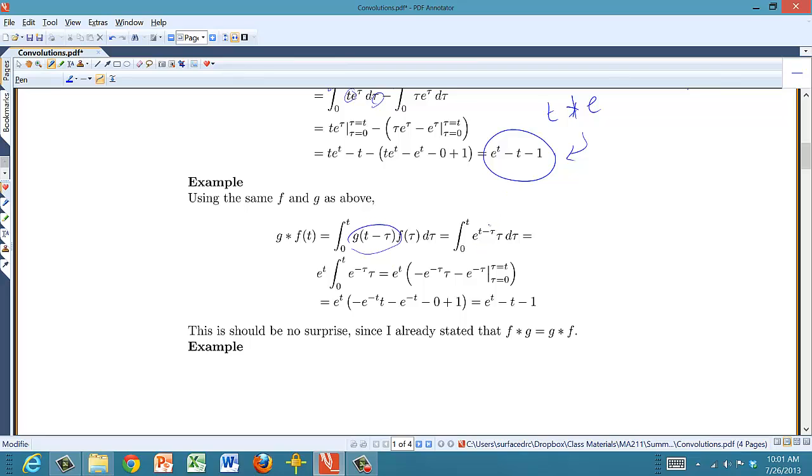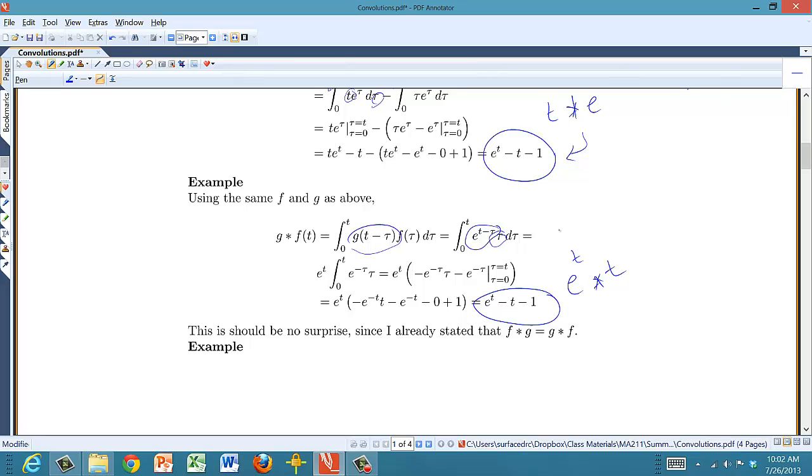So I would plug t minus tau into e to the t and get e to the t minus tau, and I plug my tau into t and just get a tau, and do the integration. Again, you'll need an integration by parts, and it all works out. You get the exact same expression. So this is e to the t convolved with t, and really they're the same thing. I promise it doesn't matter which you do.